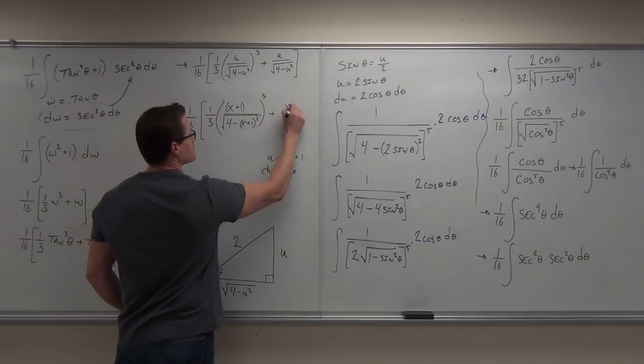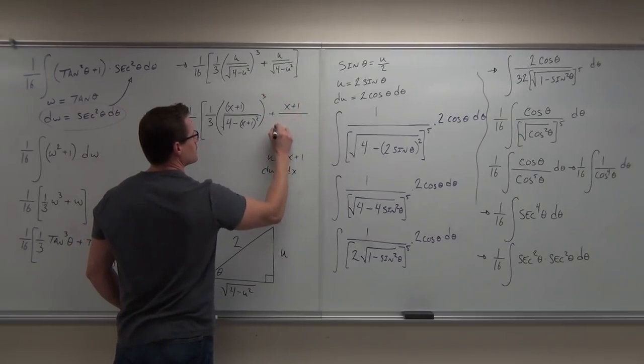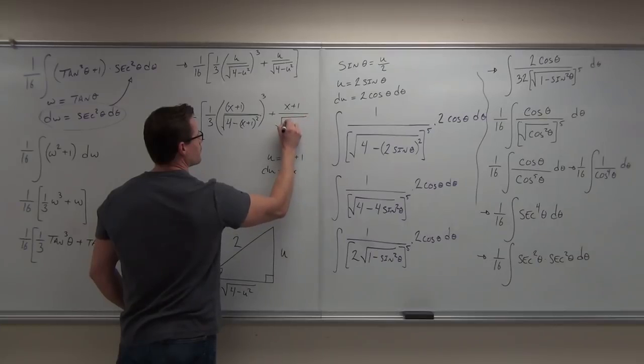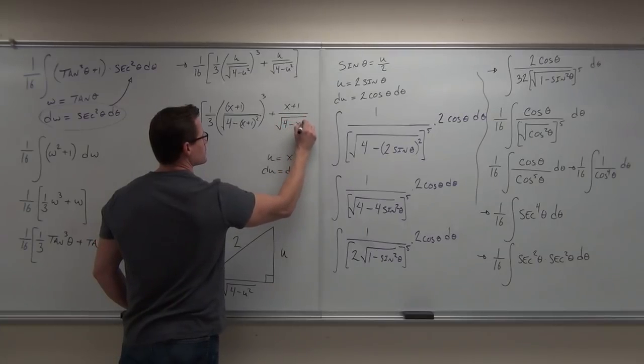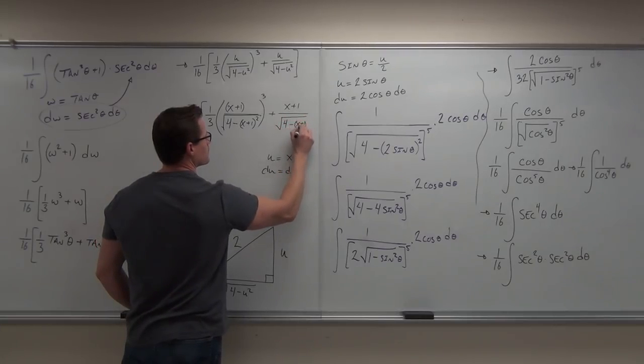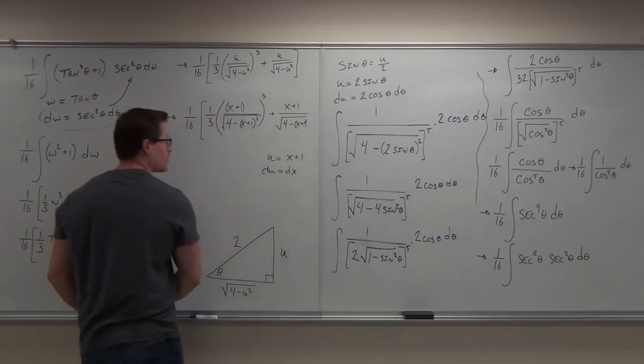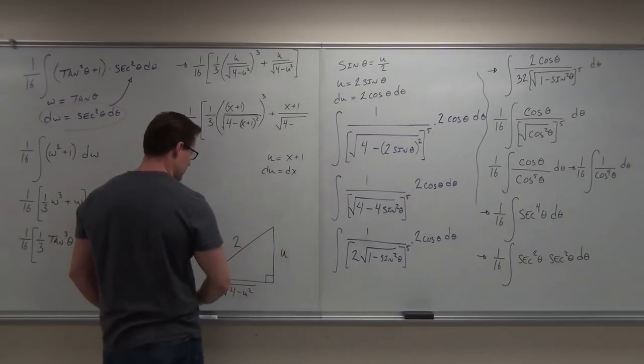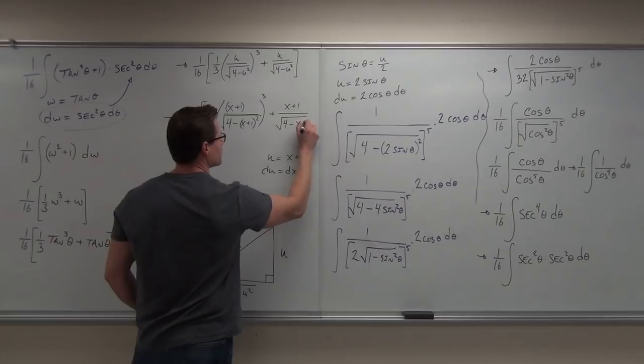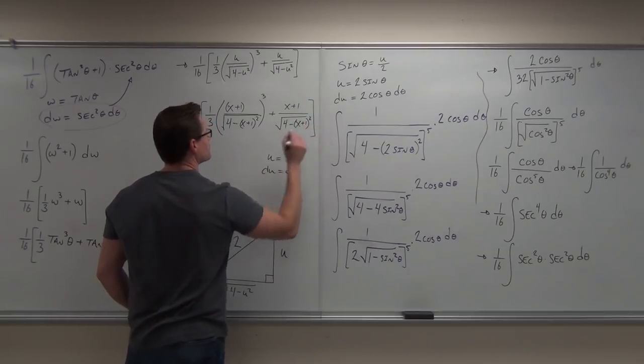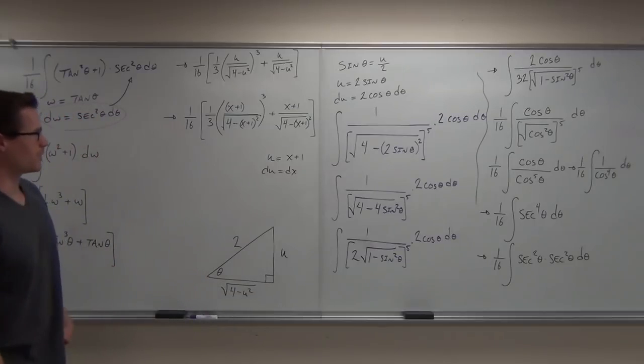Then we'd have another x plus 1. We'd have 4 minus x plus 1 squared. That's too small. And that's what we would deal with.